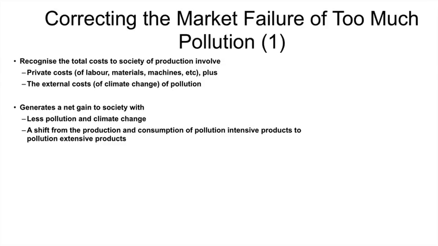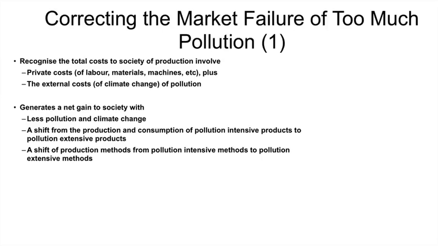We might actually decide to turn the air conditioner down a little bit and wear some warmer clothes. And we choose production methods that involve less pollution. So that's using gas rather than coal to produce electricity, or going all the way to choosing renewables rather than fossil fuels.